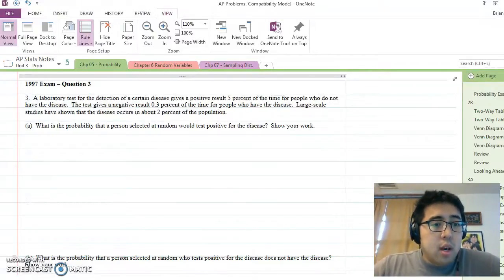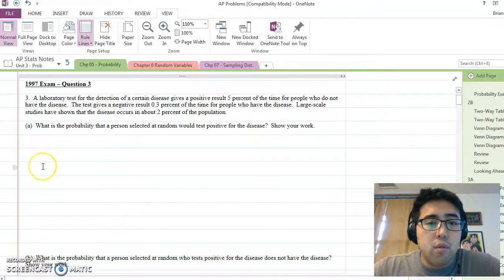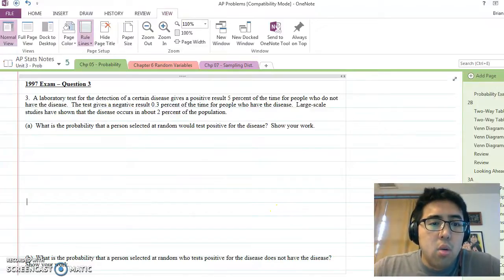A laboratory test for the detection of a certain disease gives a positive result 5% of the time for people who do not have the disease. The test gives a negative result 0.3% of the time for people who have the disease.